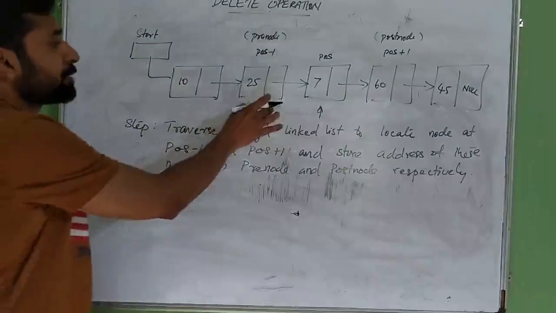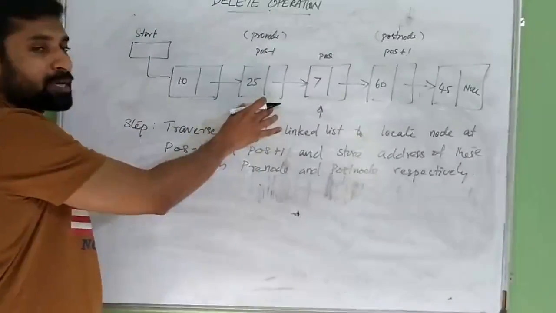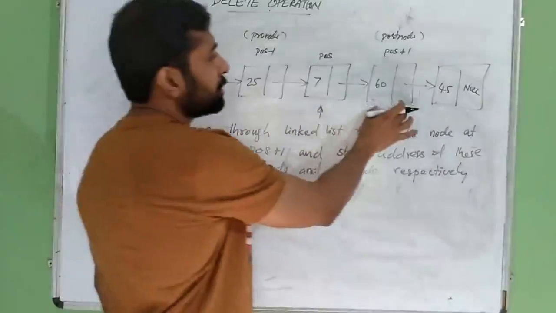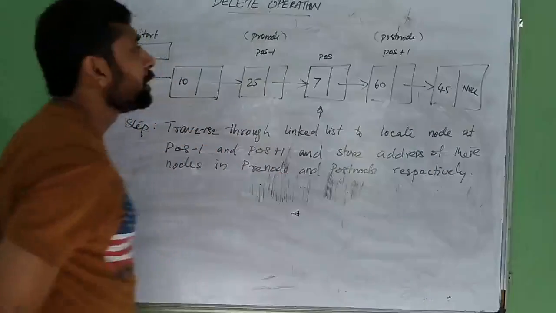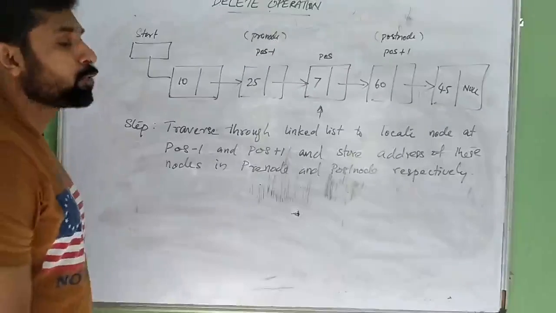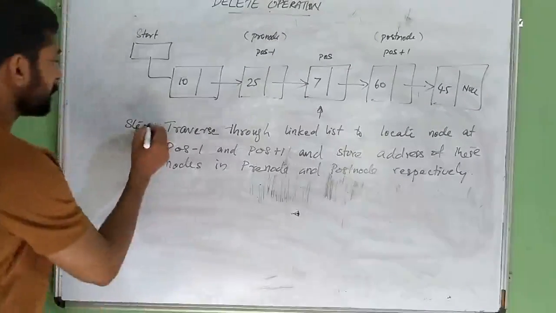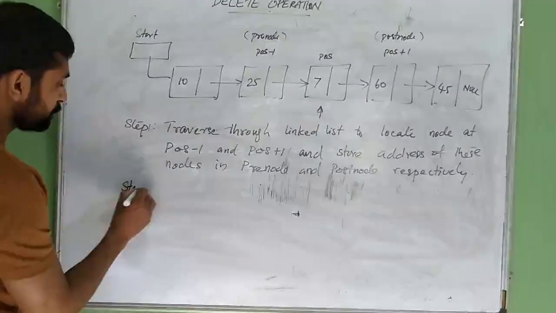So we will get the address of node at POS minus 1 and that at POS plus 1 in pre-node and post-node respectively. Then what is step 2?